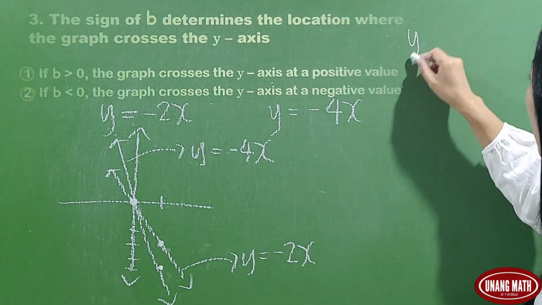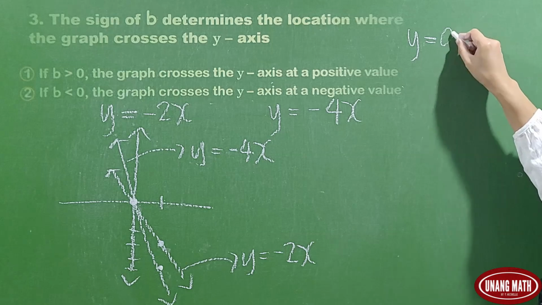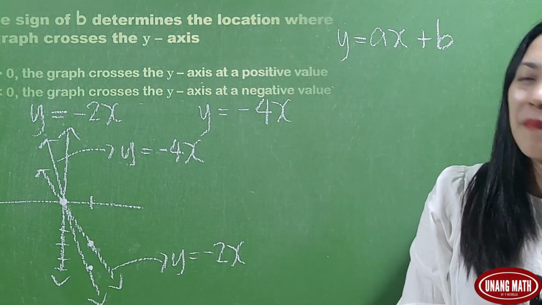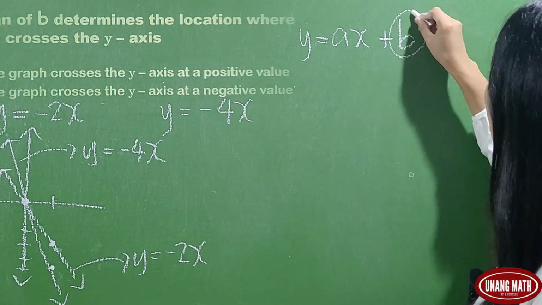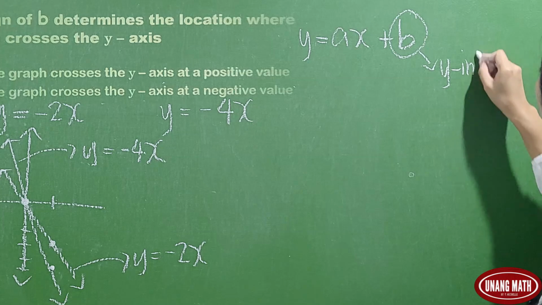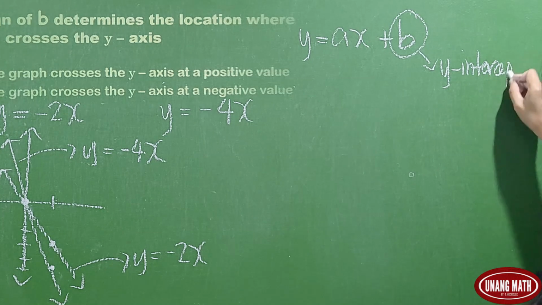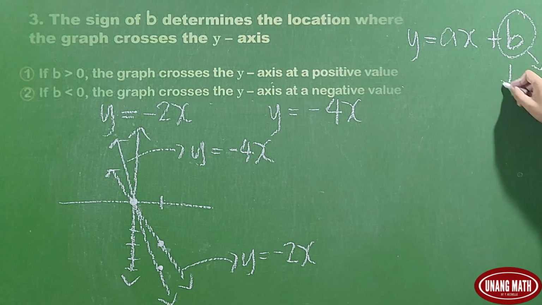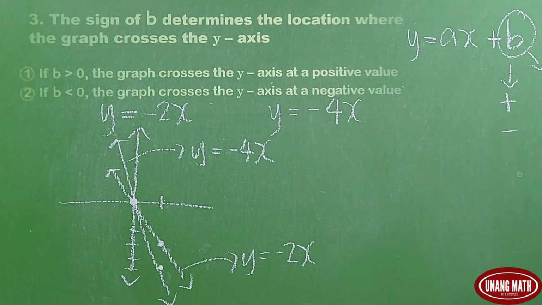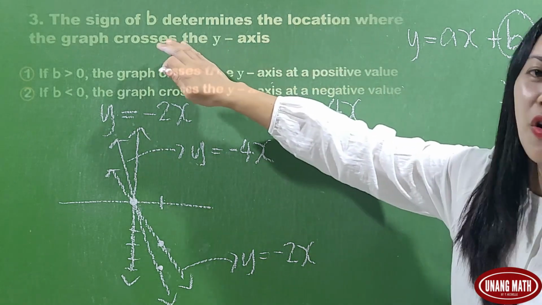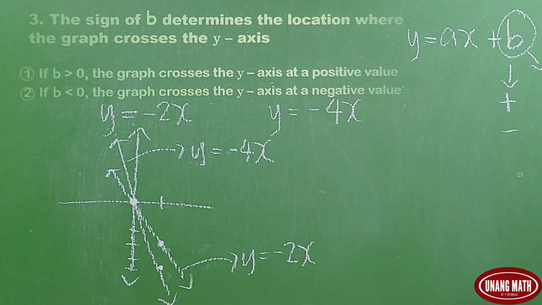So in this function, y is equal to ax plus b. The value of b here is also called our y-intercept. So the sign of b, which can be positive or negative, will determine the location where the graph crosses the y-axis.